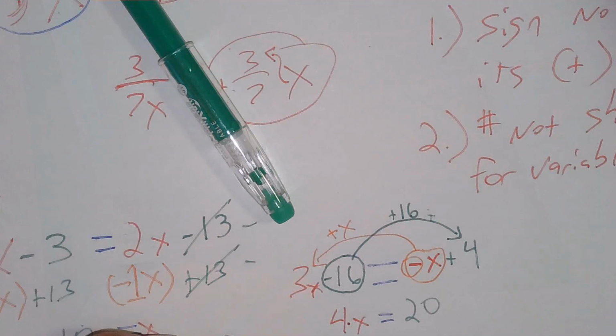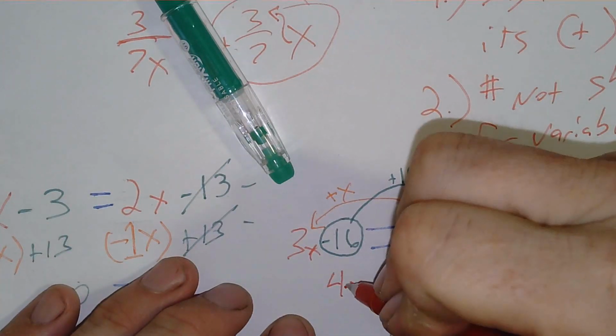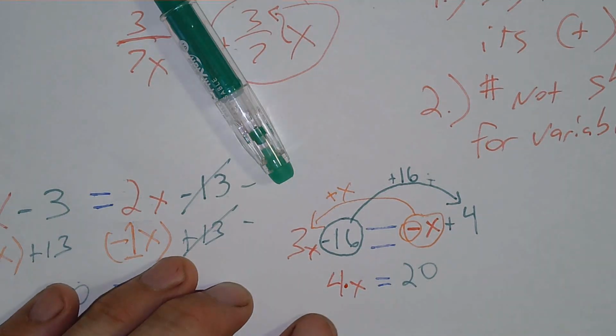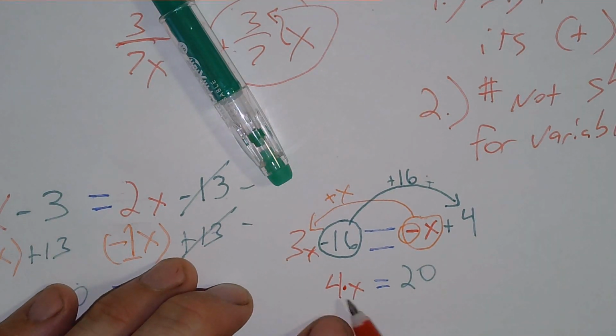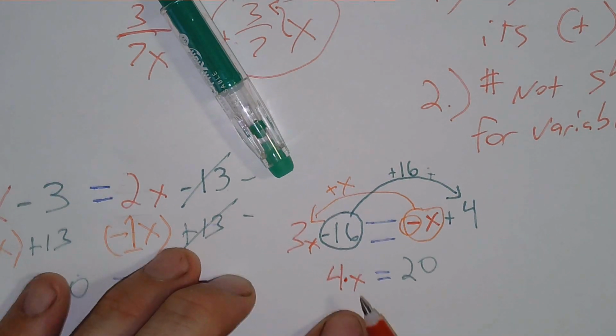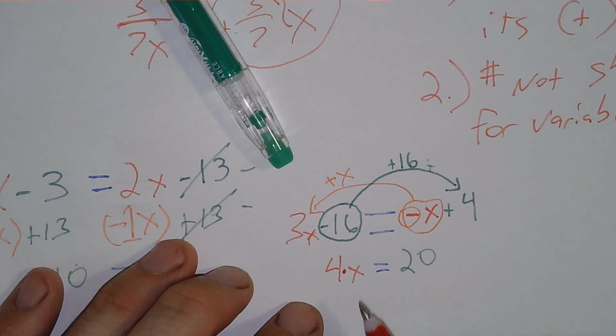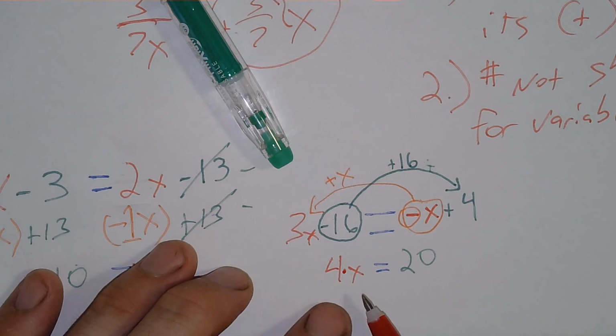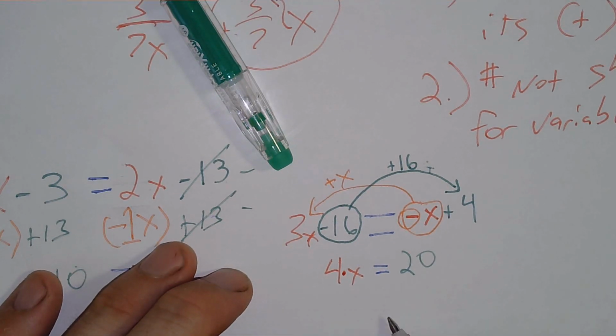Let me zoom in on that. This little dot here means multiplication. So how do we get that unwelded? Well, we have to divide both sides by the 4.